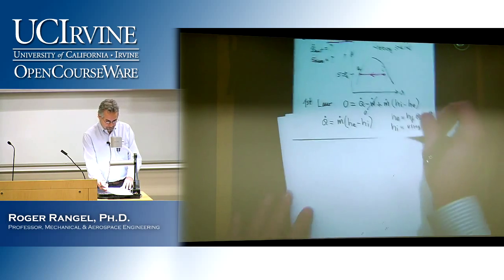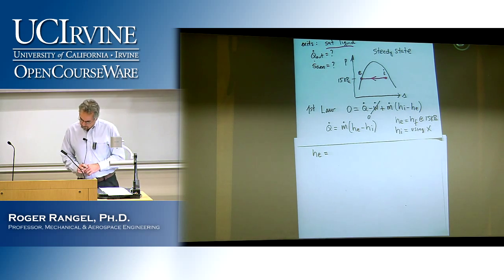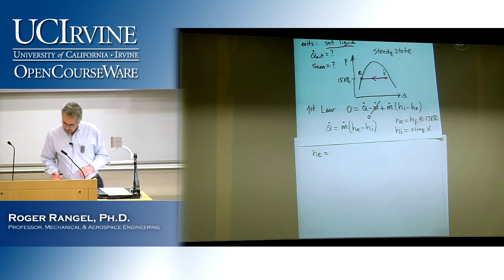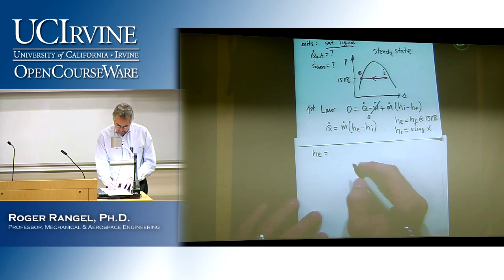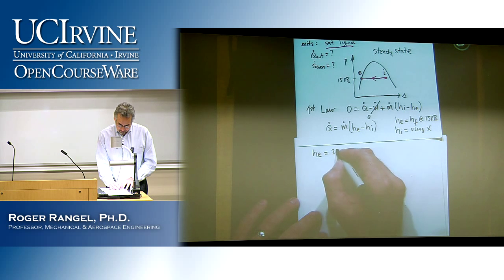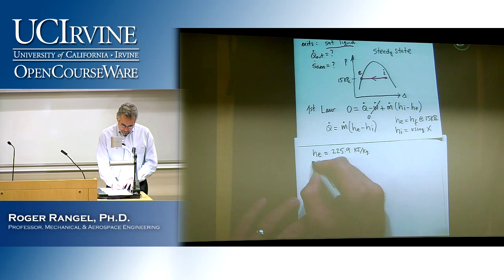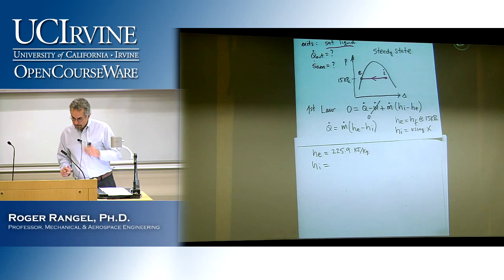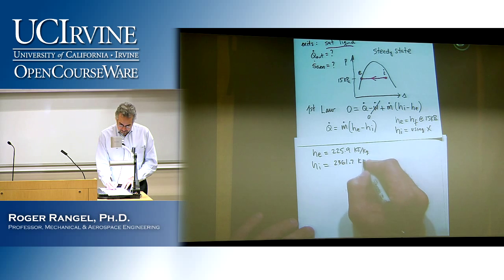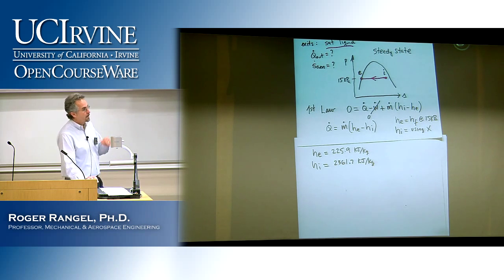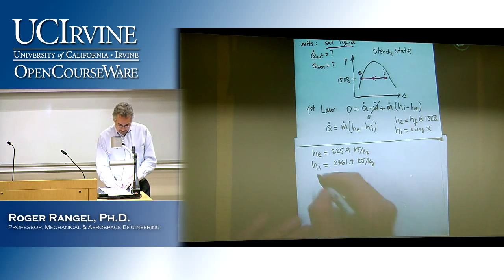If you do that, you find He, that's the one that is Hf, to be 225.9 kilojoules per kilogram. And H sub I, using the quality, will be 2361.7 kilojoules per kilogram. So I can plug that in, multiply times M dot, which was given. It was the 5 kilograms per second, and I can get Q dot.